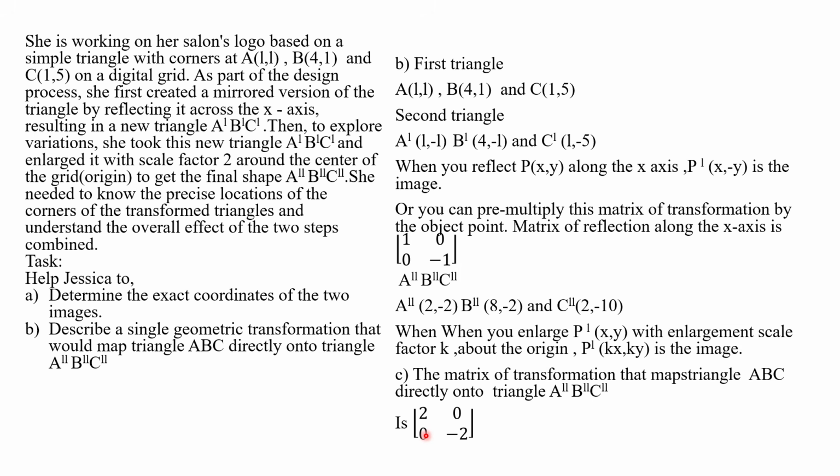That is the two that I saw there. So here, as long as we are enlarging with a scale factor about the origin, go ahead and just use that scale factor, multiply each coordinate in a point to get the image coordinate.